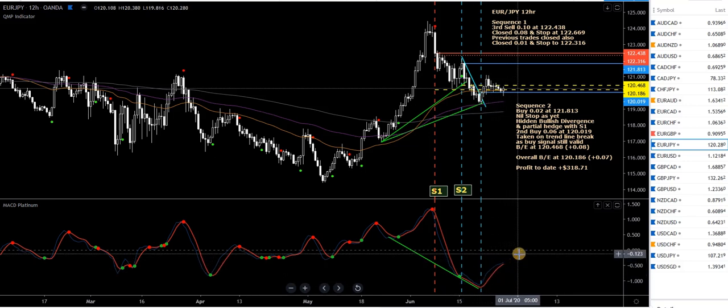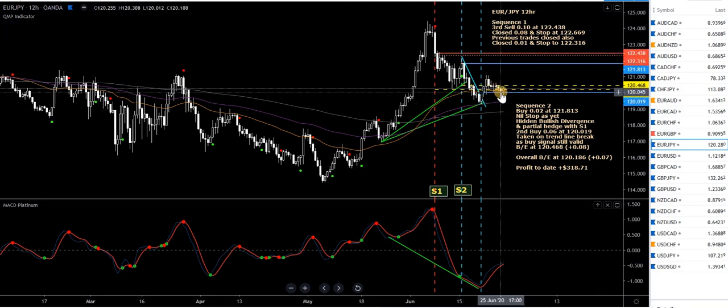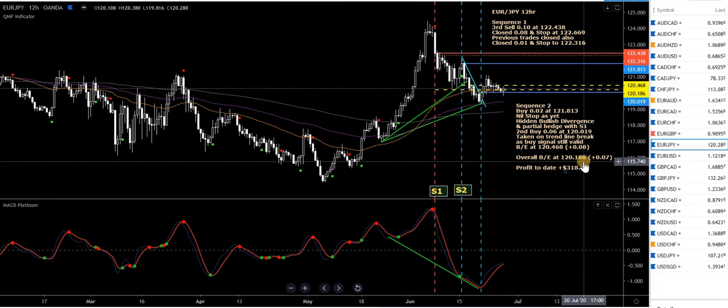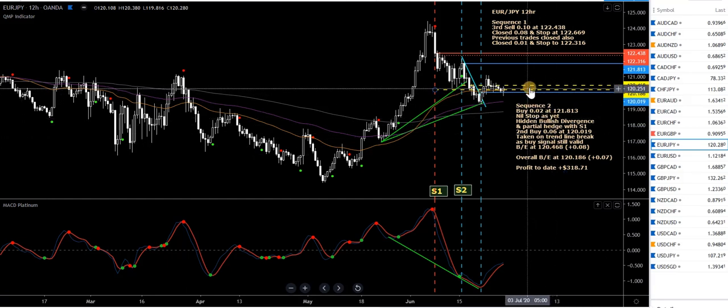So I was going to try and see how much. I was hoping this can continue up and up and up. Obviously it hasn't, but it's having a bit of a second wind now and starting to head up again. At the moment, I'm just above my overall break-even level. So if I closed all trades right now, which I can't, it's a Sunday, but if I did, then I'd probably just be an overall break-even roughly, maybe down a few dollars or up a few dollars.